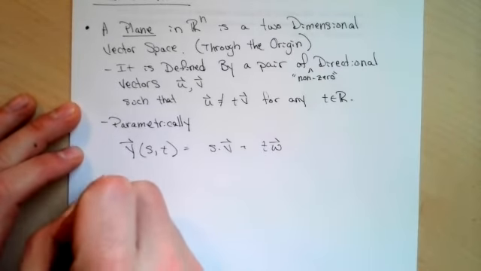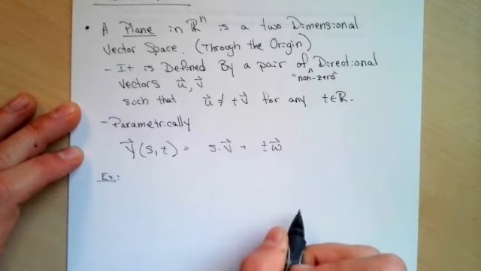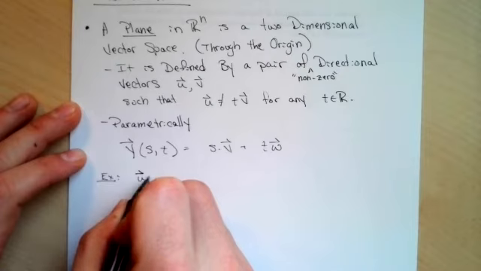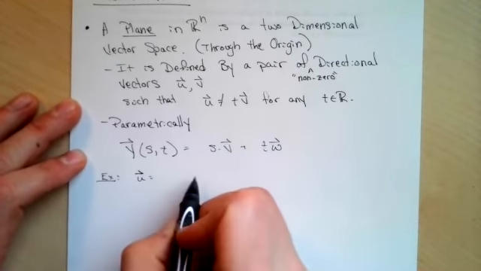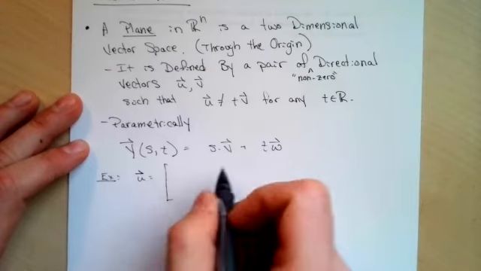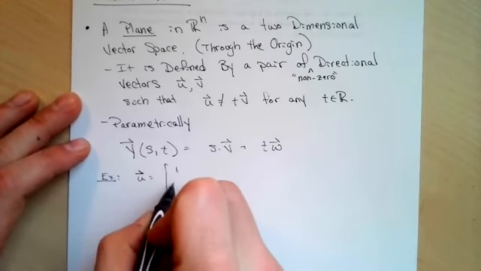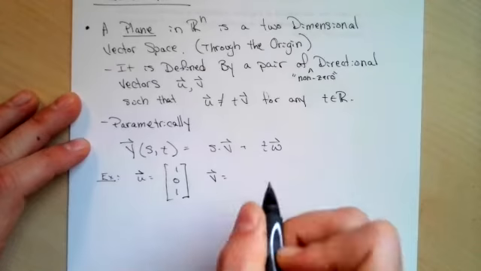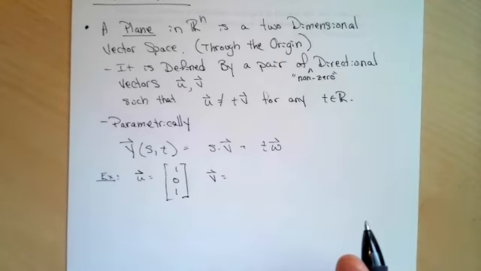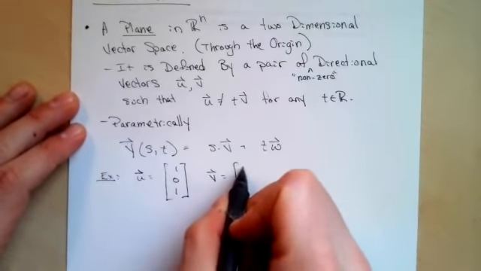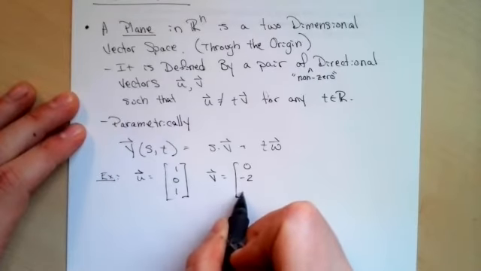So for example, suppose we have directional vectors u is equal to, let's just do 3 dimensions to keep our computations a little shorter. Let's say 1, 0, 1, and v is equal to, let's say 0, minus 2, minus 1.